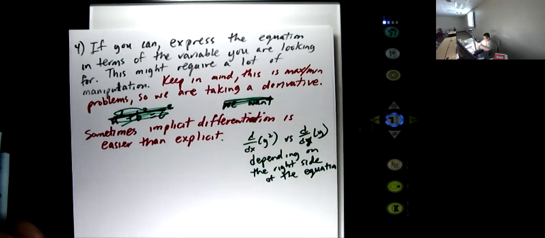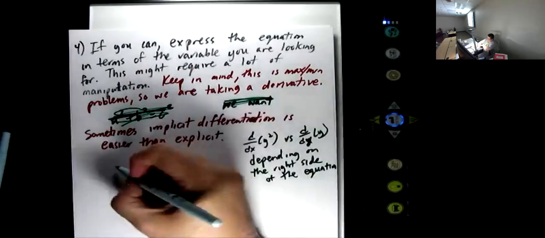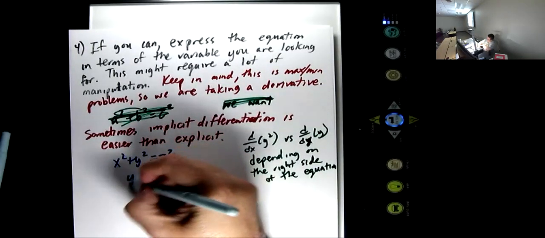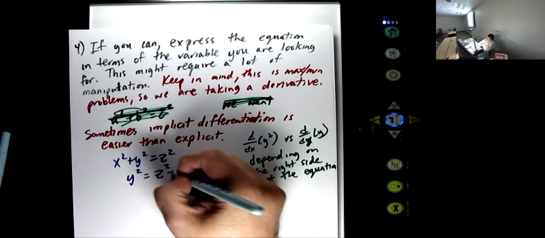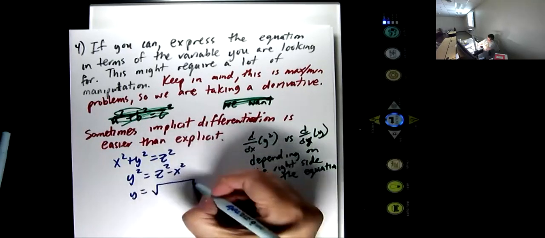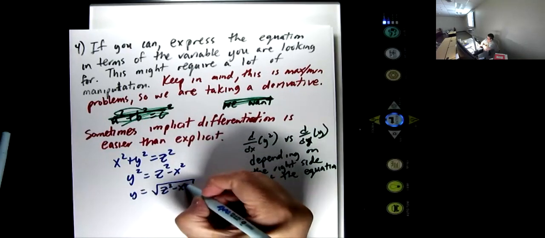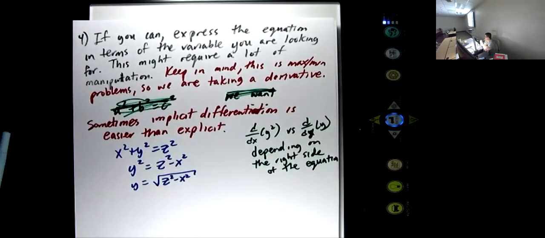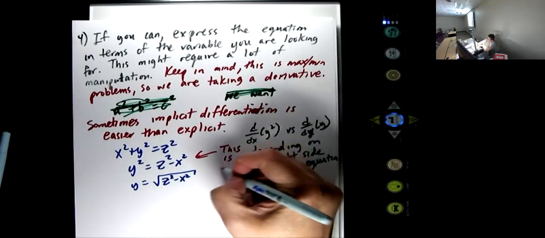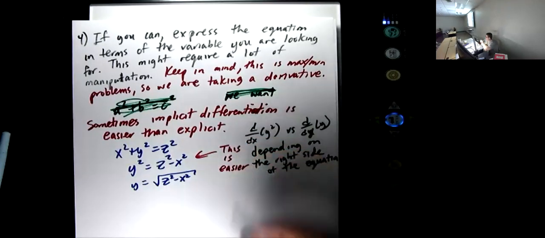Actually, I'll give the equation. x squared plus y squared equals z squared. So I could say y squared equals z squared minus x squared, or I could have y equals the square root of z squared minus x squared. One of these is easier to do the derivative than the other. I think this is easier, in terms of derivatives.